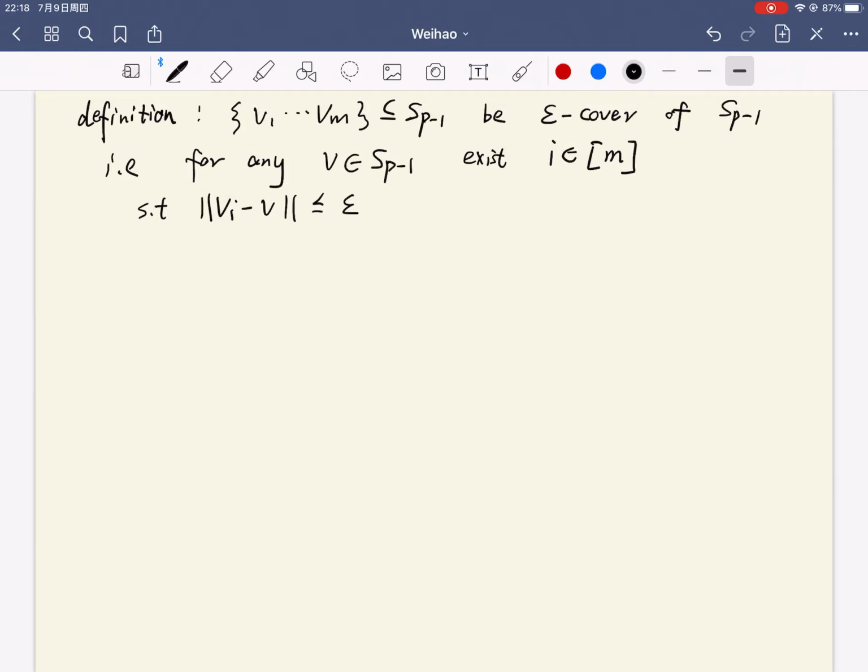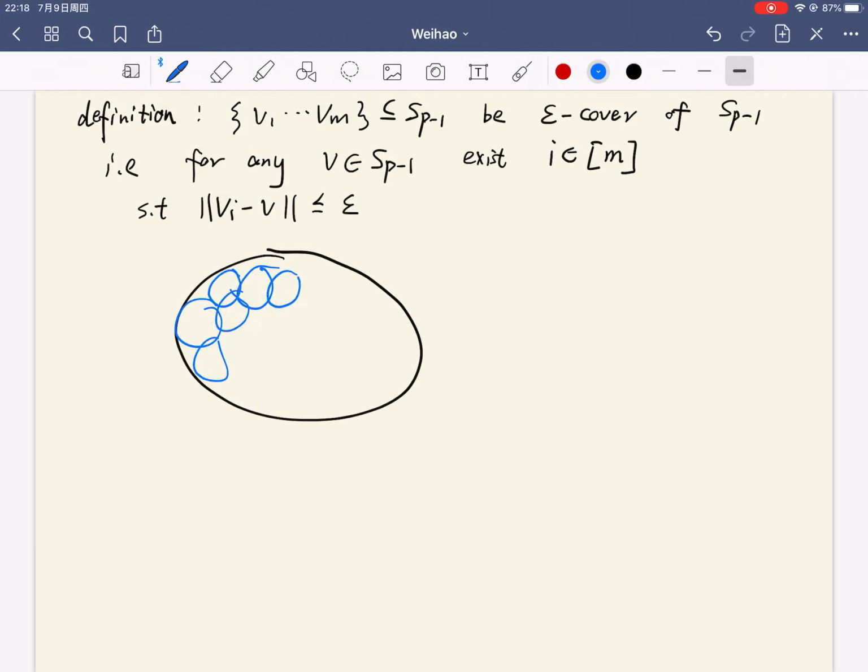If we draw the picture, it is like a union of balls which cover this space.